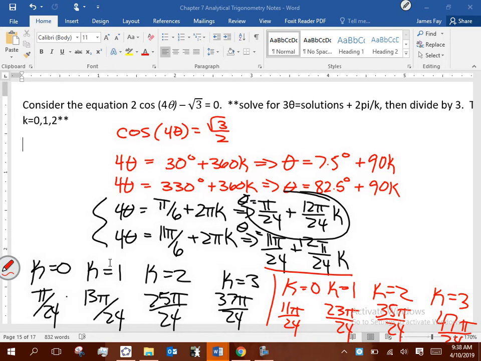If we understand our fractions, the thing to think about there is obviously we're interested in making sure our solutions are between 0 and 2 pi here. If my denominator is 24, then 2 pi would be 48 pi over 24, right? Do we see how all of these solutions are less than 48 pi over 24?